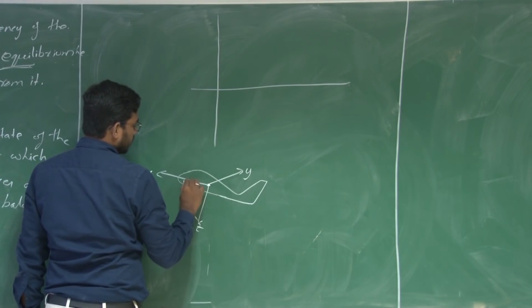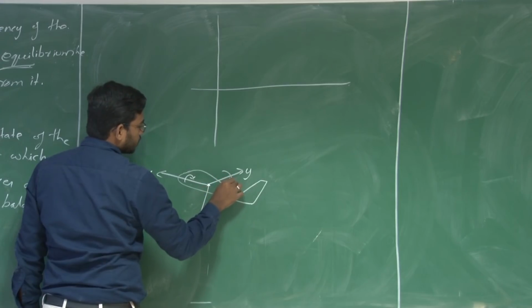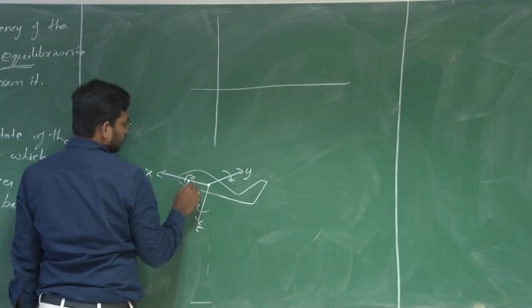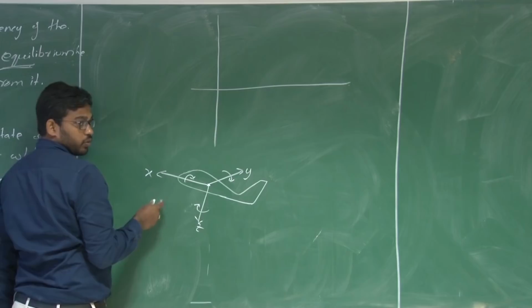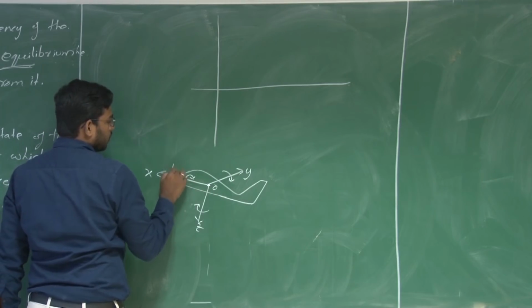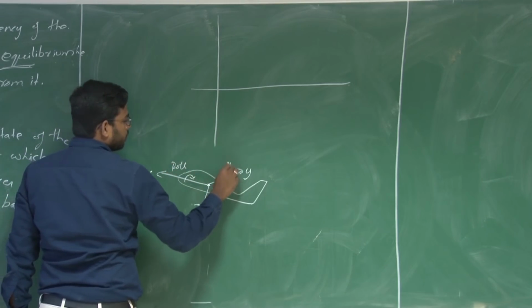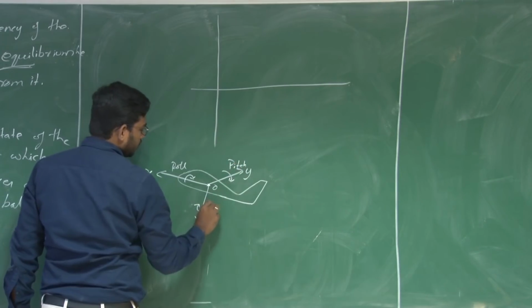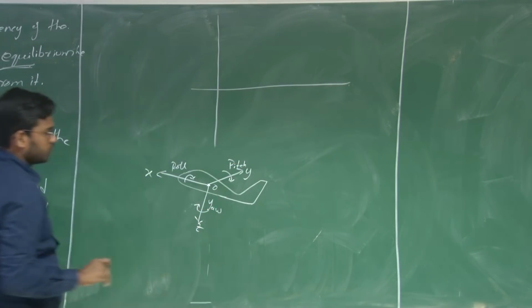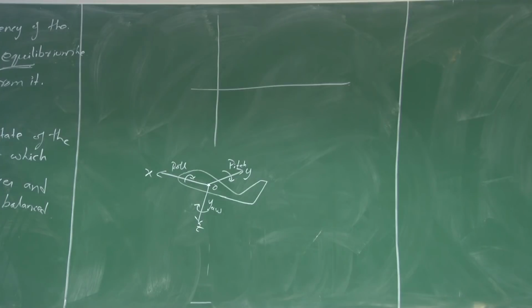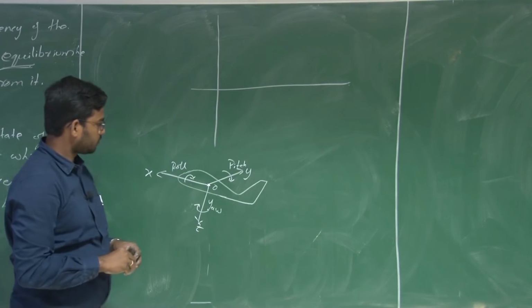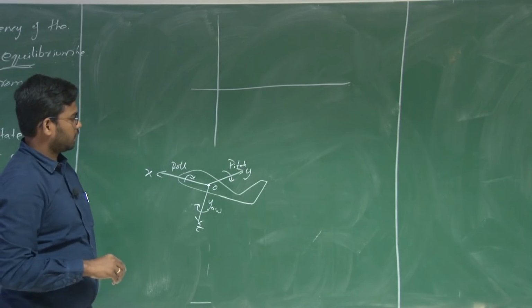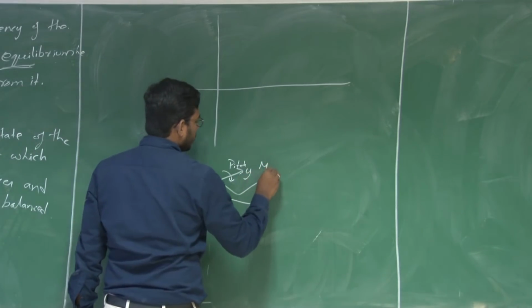So it can translate along x, y, z and rotate along these 3 axes. The rotation along the body x axis is known as roll, and then pitch and yaw, right. We have roll, pitch and yaw of the system. So the pitching moment is about the y axis.